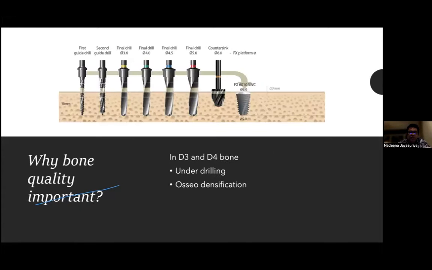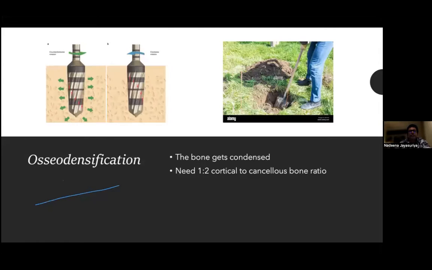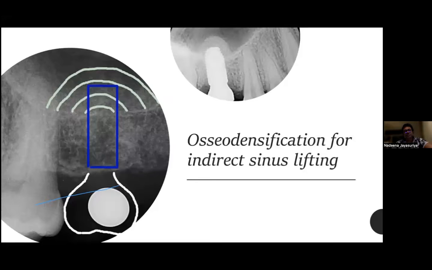You don't have to go into detail, but just understand there are techniques that we can use when the traditional techniques cannot be used. So I'll give you more examples on that. Now, this is what I told you about osteodensification used for a sinus lift.